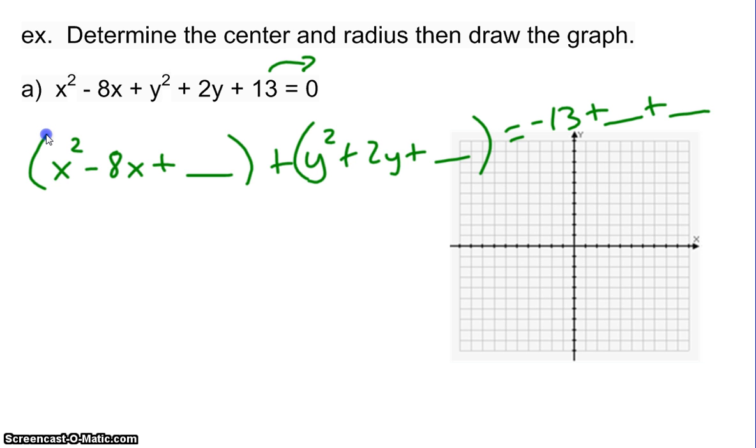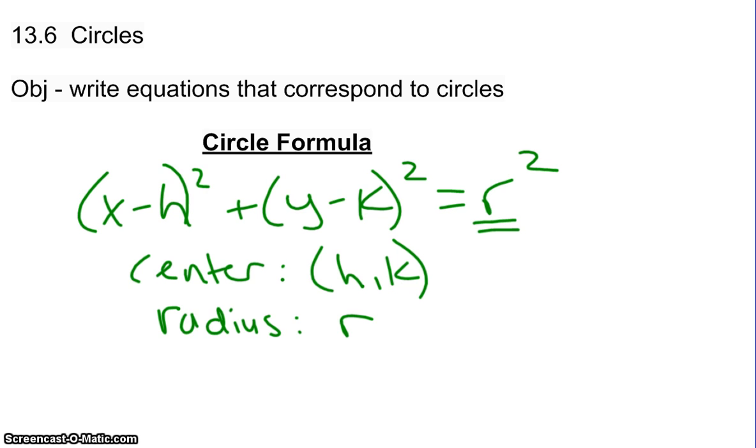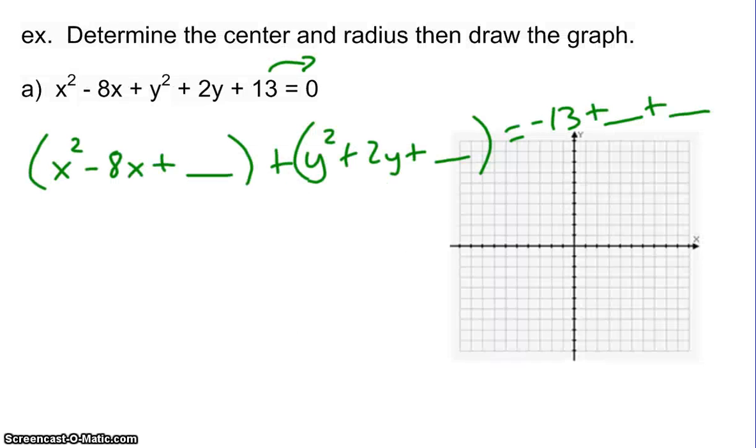So now in this case, we need to find a way in order for our formula to look like we talked about right here, and we need to find a way to complete that square. Well, in order for us to get a perfect square on that side, we're going to take half of -8, which is 4. In order for this to be x minus 4 squared, we need to add a 16 here. 4 squared is 16, but I can't add it just to the left side, so I need to add it to the right side as well in order to make it equivalent.